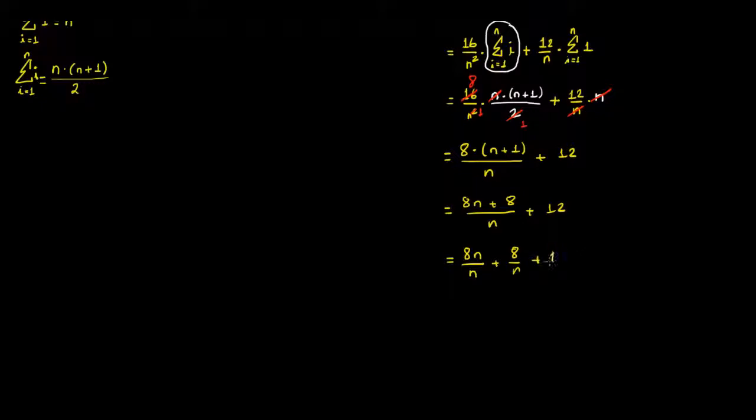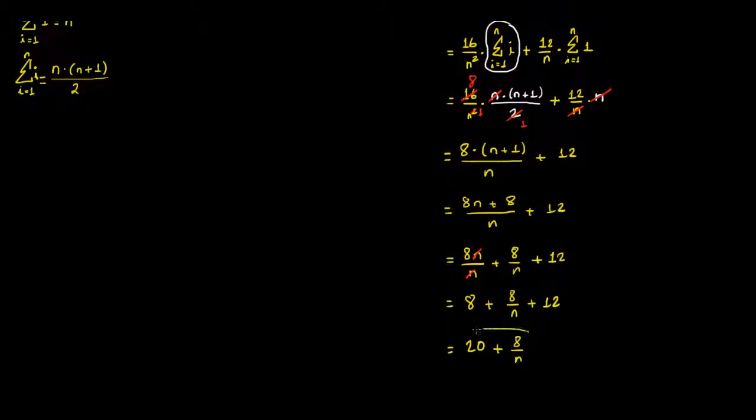Now we can simplify this one and this one, and we will end up with 8 plus 8 over n plus 12. Now we can add up this 8 and this 12. So it will look like this: 20 plus 8 over n.